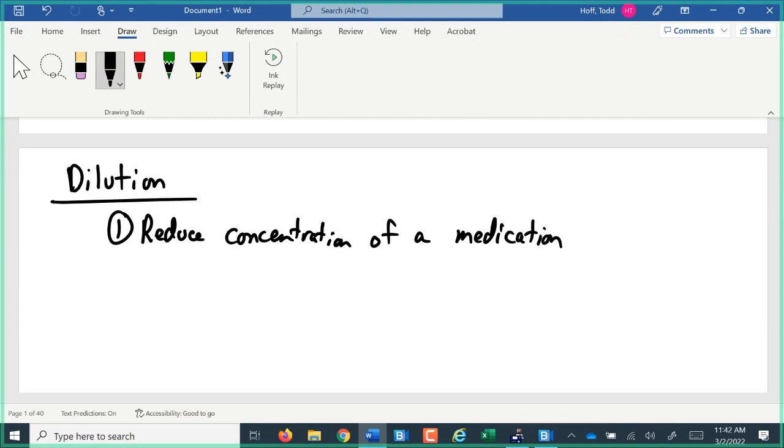Two reasons: if we reduce the concentration, some medications in their pure form are just plain a little harsh, so the concentration has to be reduced so that it doesn't burn when applied or burn when taken.